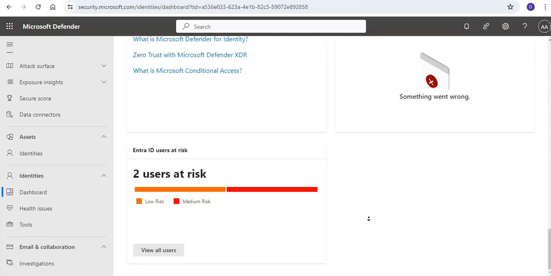It will also help you detect threats across modern identity environments, which often span both on-premises and the cloud. Defender for Identity uses data from across your environment, including domain controllers, Active Directory Federation Services, and Active Directory Certificate Services to provide you with a complete view of the identity environment.